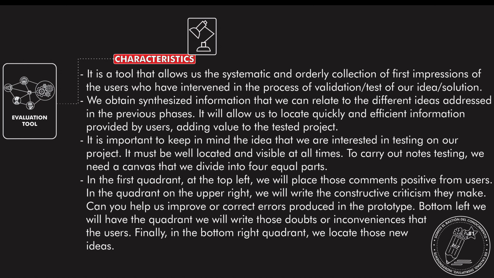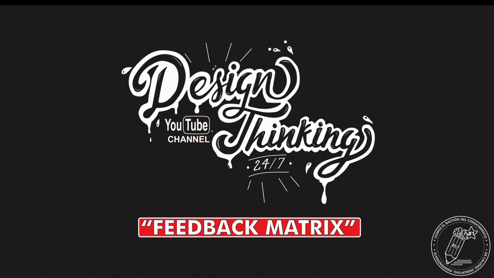It is extremely important that we test and evaluate all the results that we got. So, the feedback matrix is an extremely helpful tool. It really allows us to understand in the best possible way the real response of a user to our idea.